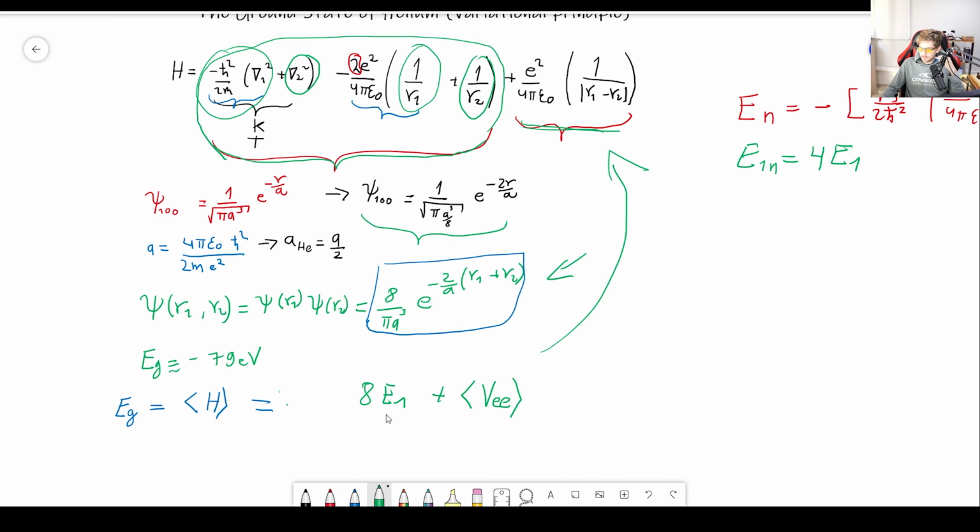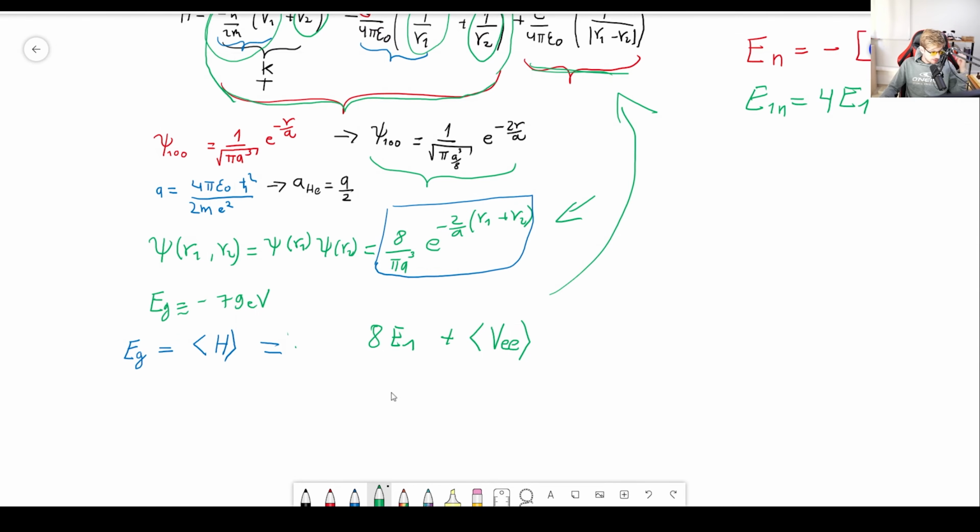So maybe let's just write it as 8. So this is what we get. Now, what numerical value does this have? At least the 8 times E1. E1 is minus 13.6 eV. So let's multiply it by 8, and we get minus 108.8 electron volts.